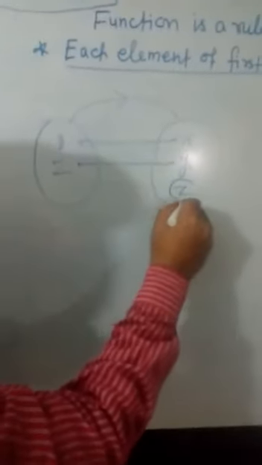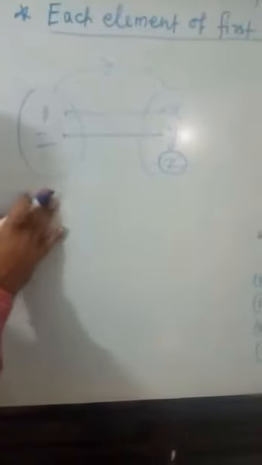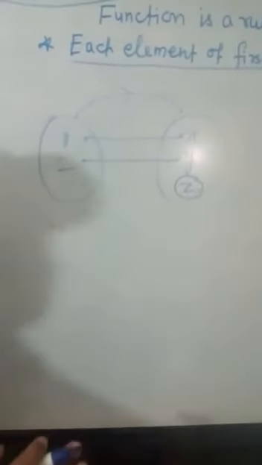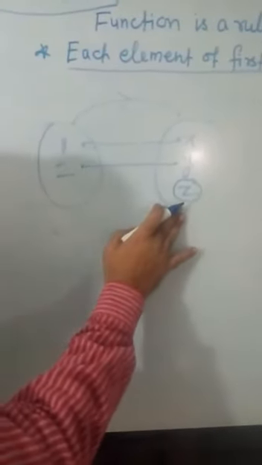That means z has no preimage, so it is an into function.